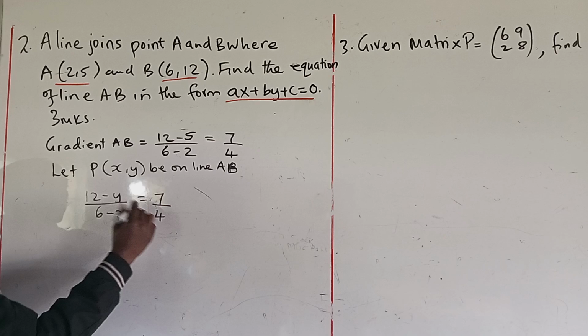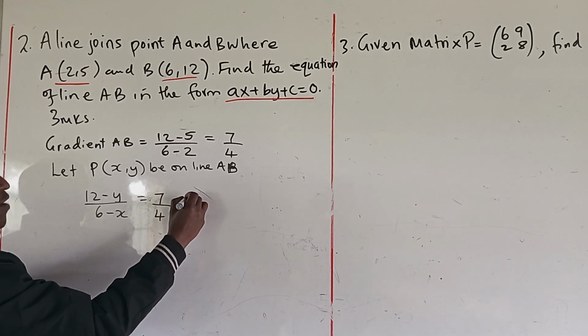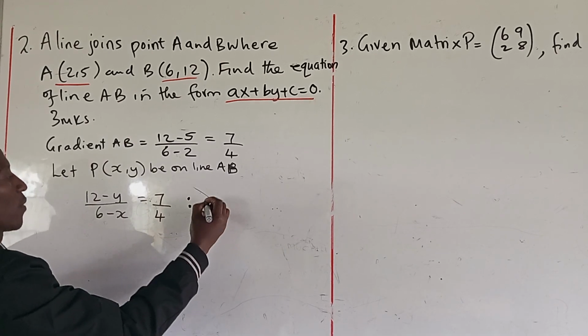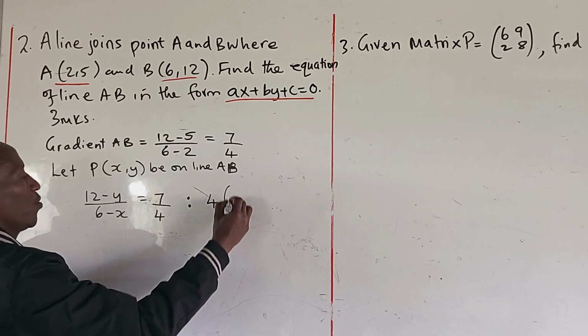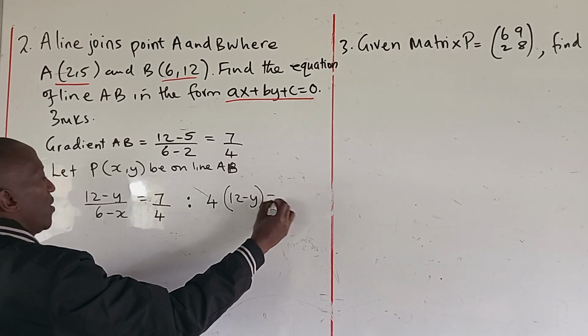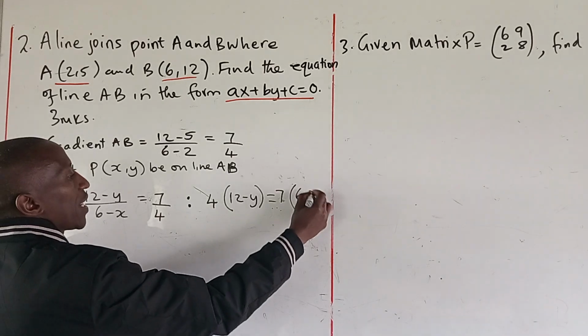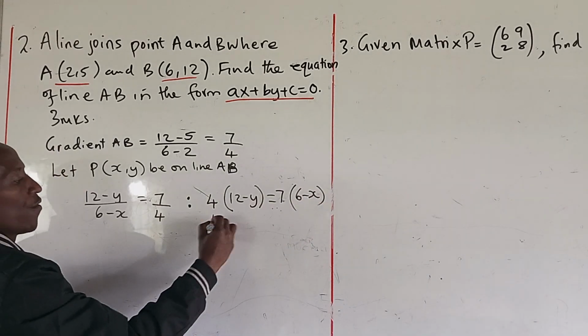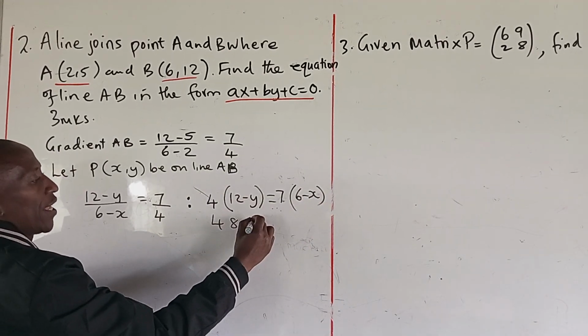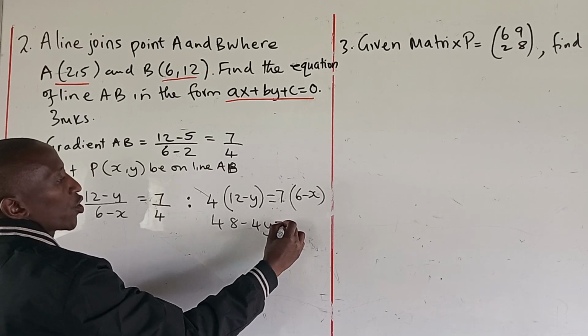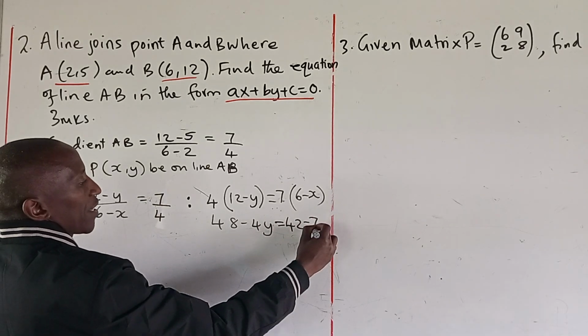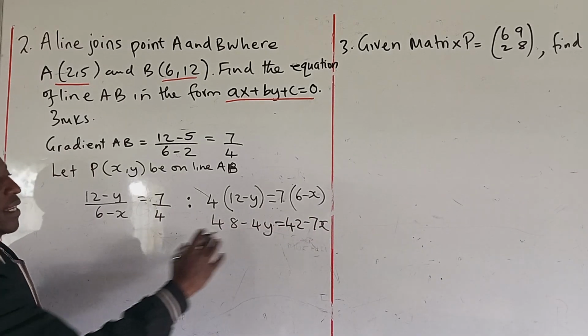Cross multiplying, we shall have 4 into 12 minus y is equal to 7 into 6 minus x. And that gives us 48, upon opening the brackets, minus 4y is equal to 42 minus 7x. We put like terms together.